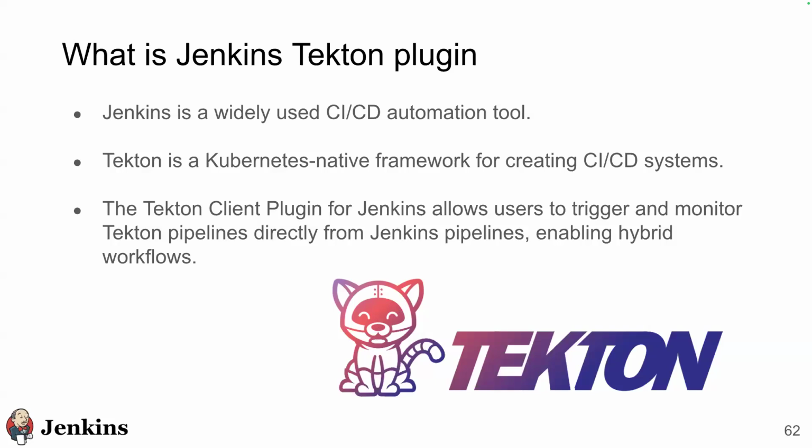The Tekton client plugin for Jenkins allows users to trigger and monitor Tekton pipelines directly from a Jenkins pipeline. This means that we can leverage Jenkins' rich ecosystem and familiar interface while getting the benefits of cloud-native execution on Kubernetes from Tekton. Next slide, please.